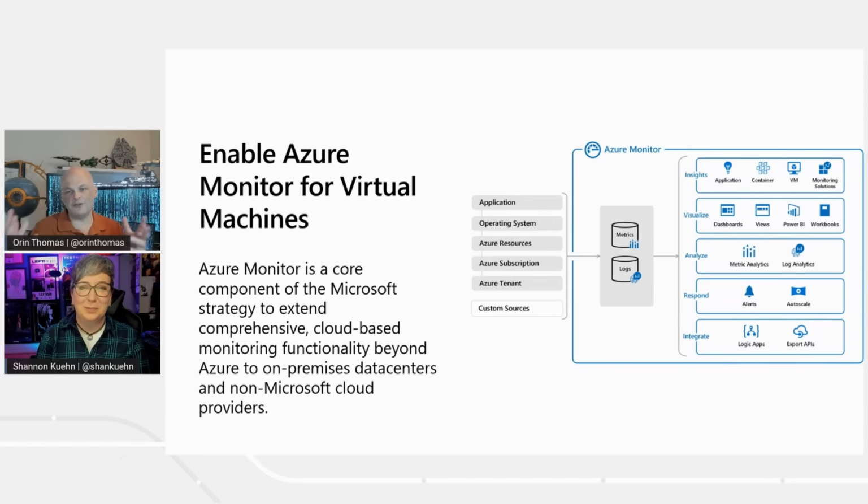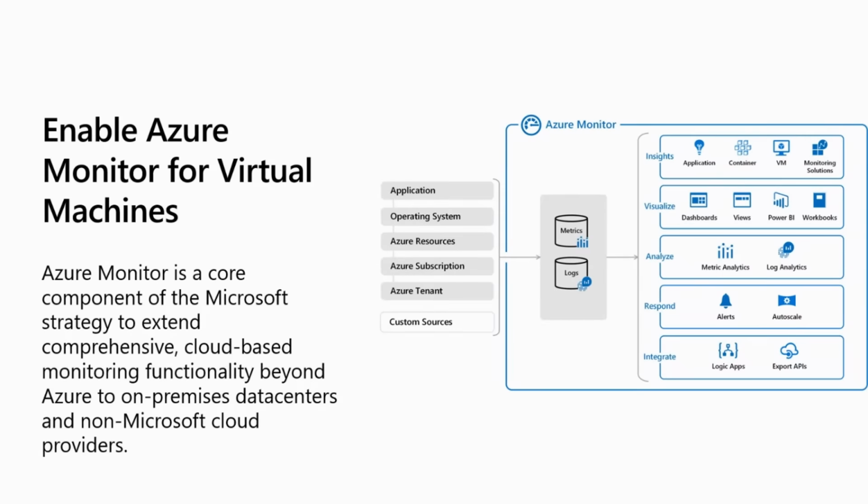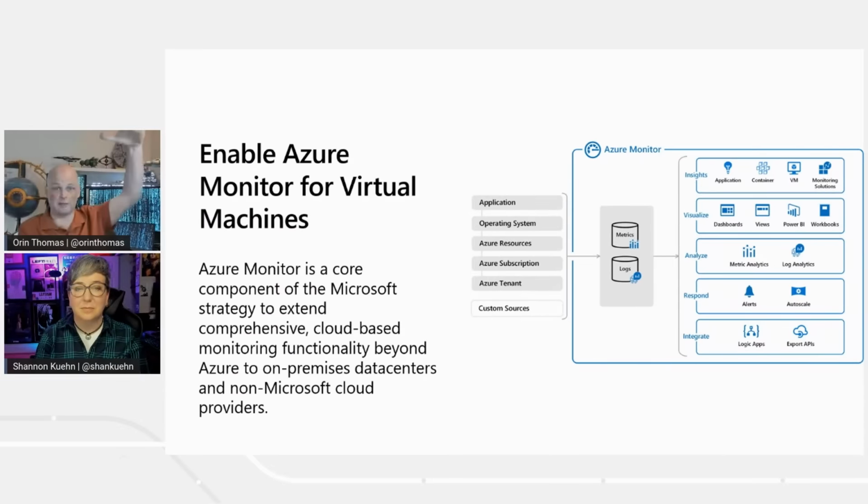Anyway, so we can see here on this slide, we've got application, operating system, Azure resources, Azure subscription, Azure tenant and custom sources. And that goes back to what Shannon and I were talking about a couple of minutes ago around this idea of holistic monitoring, that you need to monitor the entire stack to figure out where things are going wrong. If you've only got a fraction of the story, you don't know exactly what's going on.